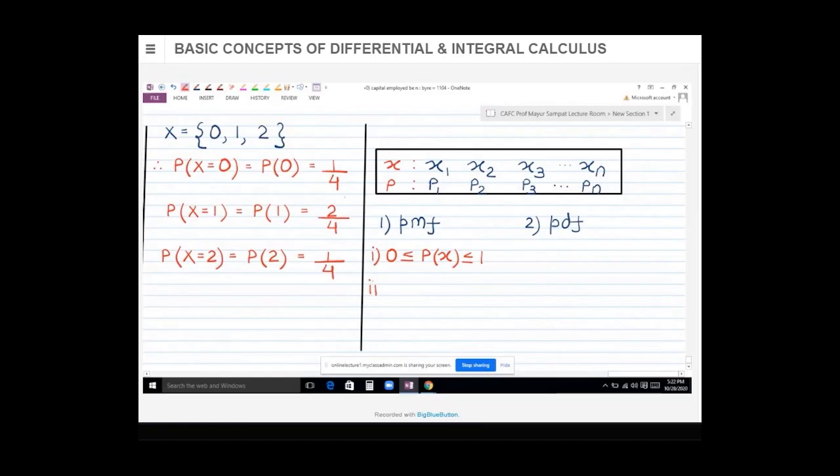And the second property which we have studied was that the sum of all the probabilities is always equal to 1.